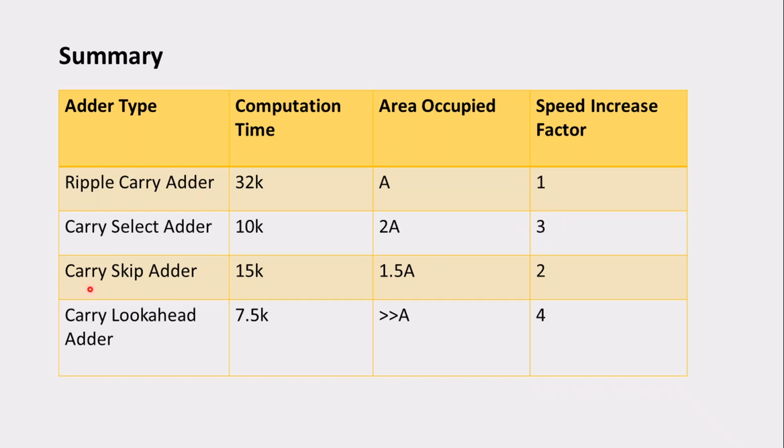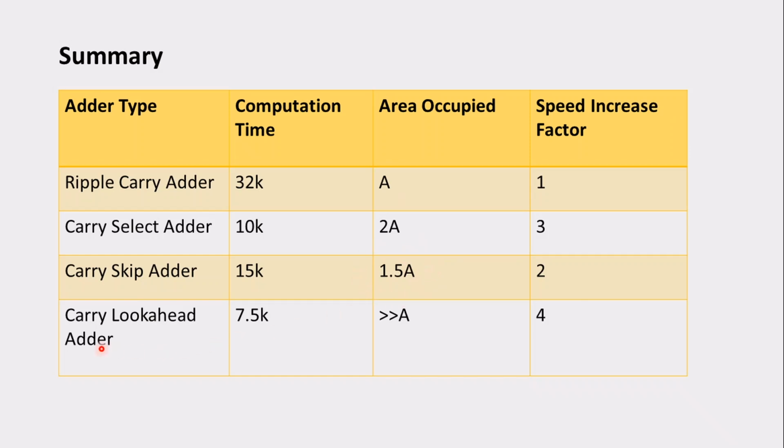In a similar way, for the carry skip adder, based on the input bits the carry will be skipped. The computational time here is 15 into K, and the area is somewhat increased by half compared to this.